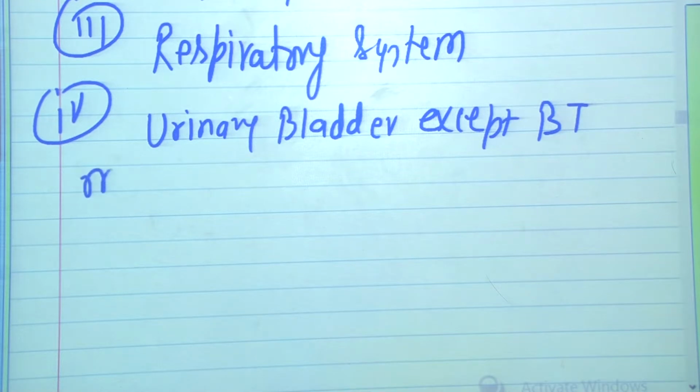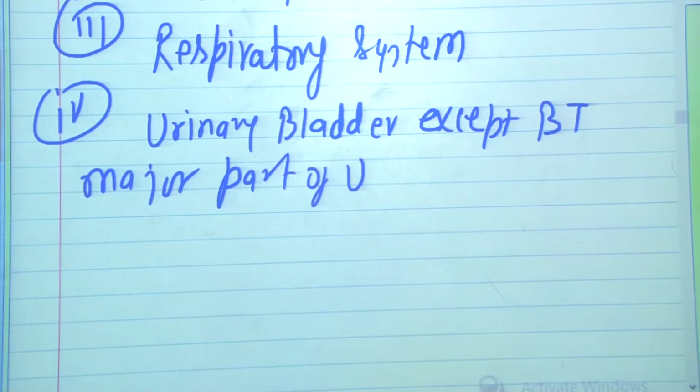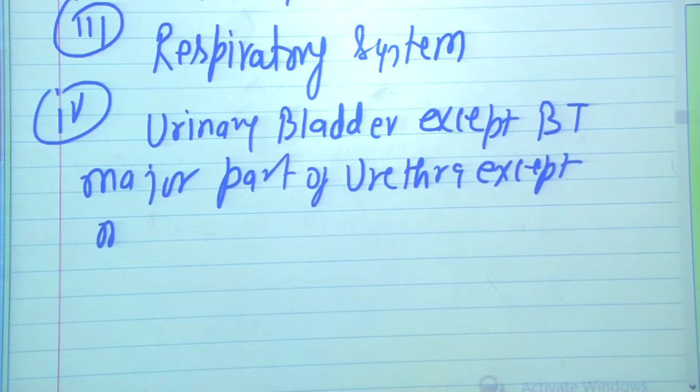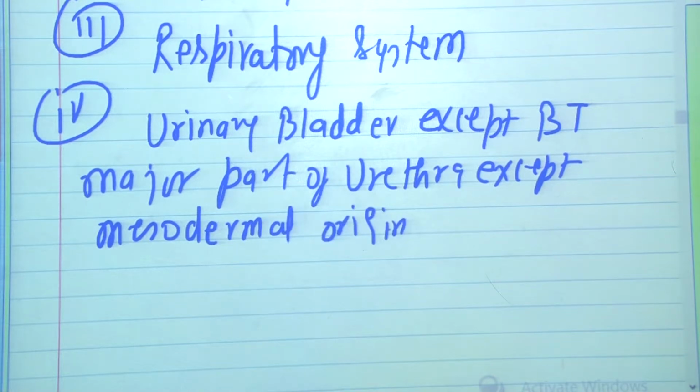Bladder trigone, major part of urethra, except the part of mesodermal origin. So, major part of urethra is a derivative of the endoderm.